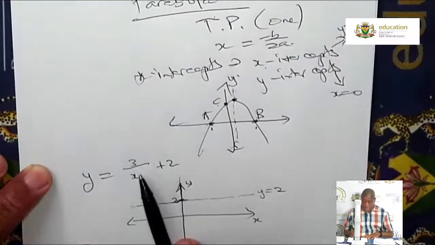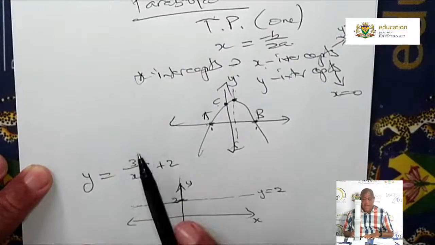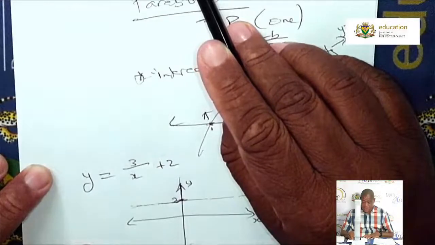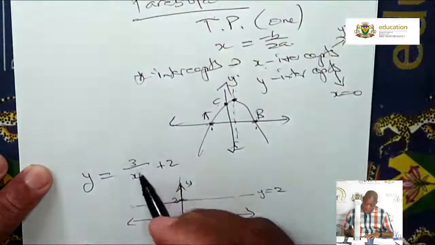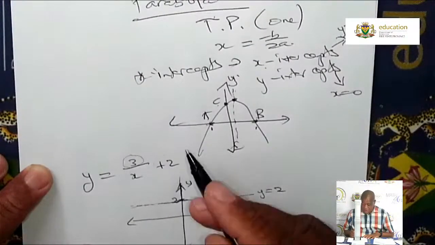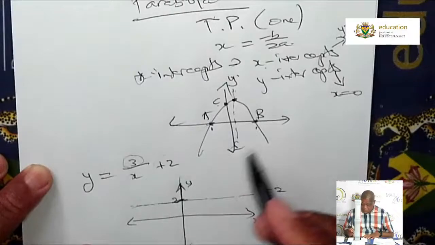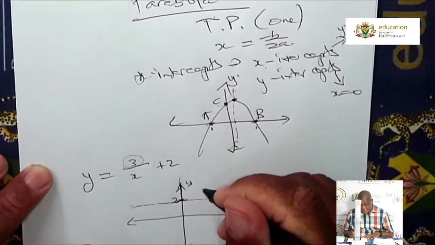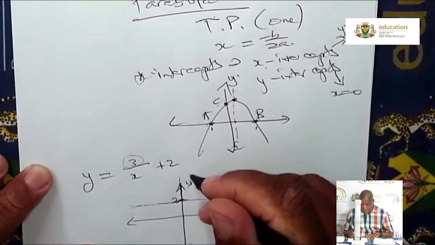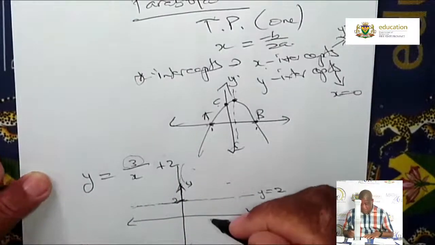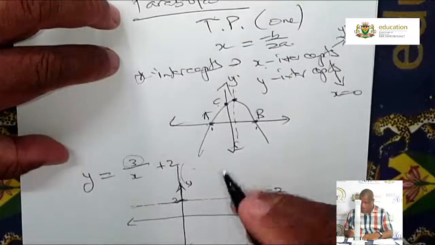Then I must get the arms, because once I'm talking about the hyperbola, it must have 2 arms. And by looking at the 3 is positive, one arm is on the first quadrant, whilst the other one will be on the fourth quadrant.